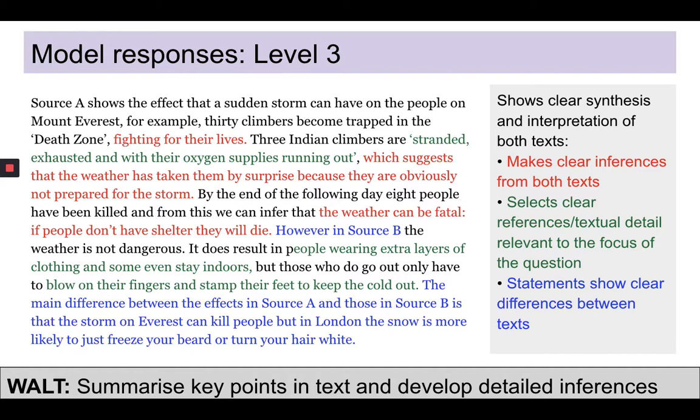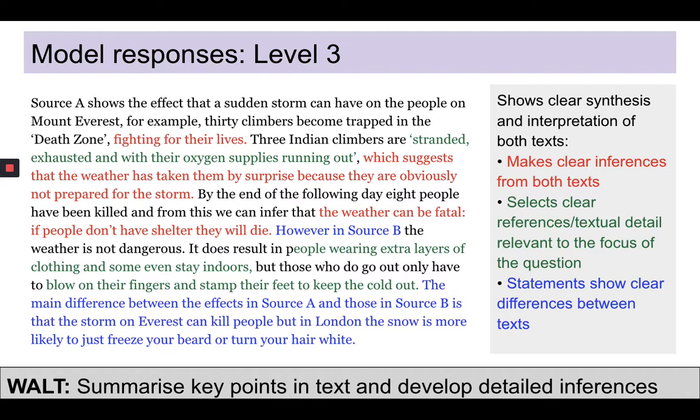Okay, so you can see here there is more inferences being made. If you look at this specifically, the paragraph starts off with a point of comparison. It gives some evidence, and it makes inferences. You know, people are fighting for their lives.